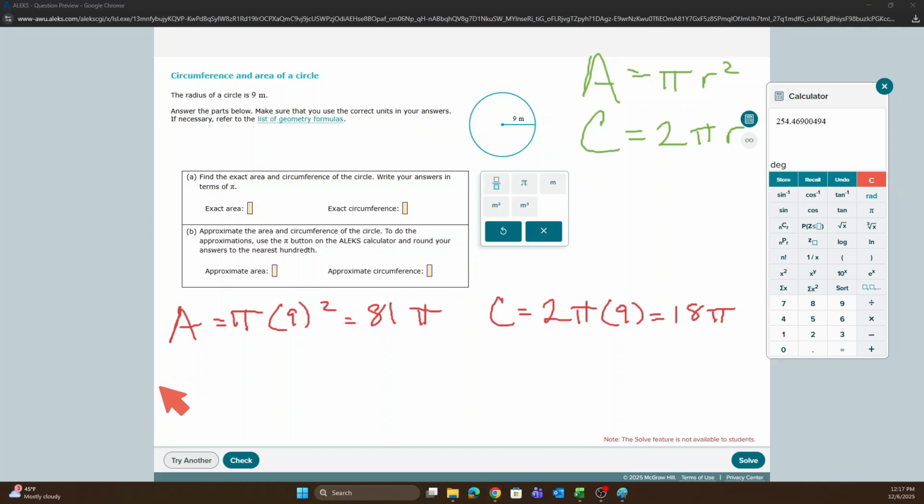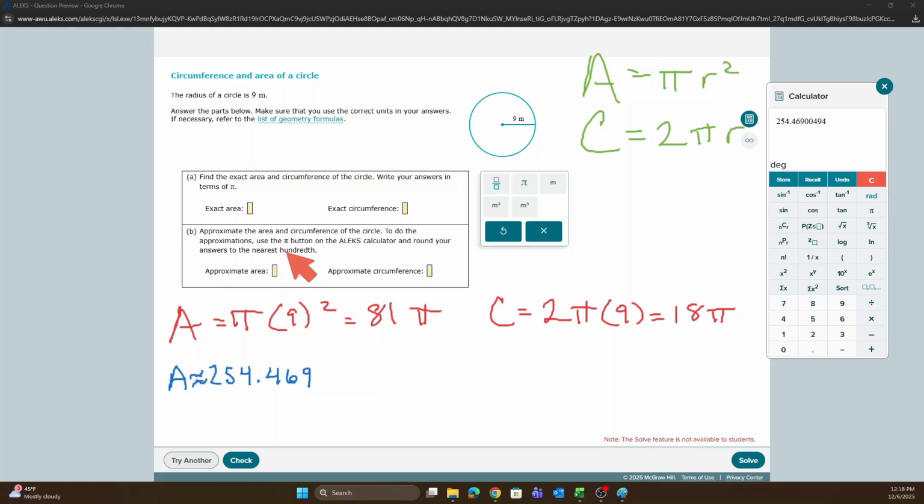So for that, our area is, once again, 254.469. And I should have actually made these squiggly because this is approximately.